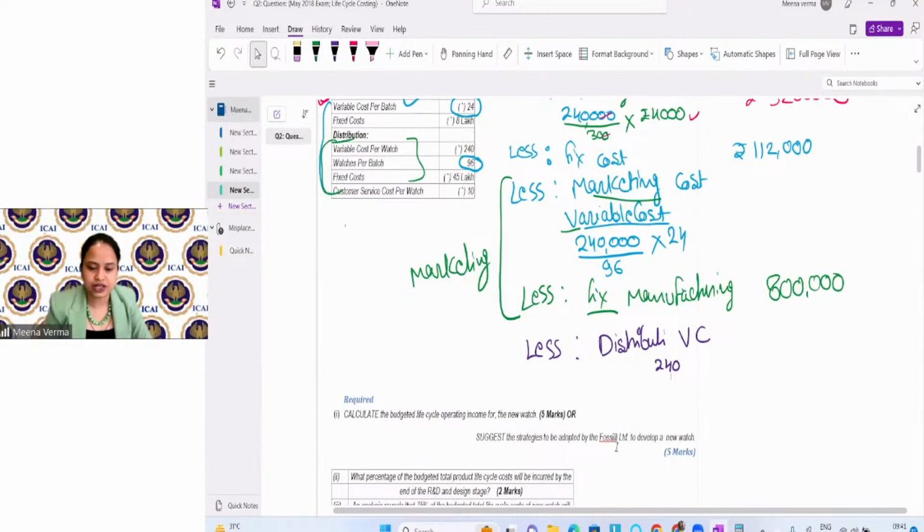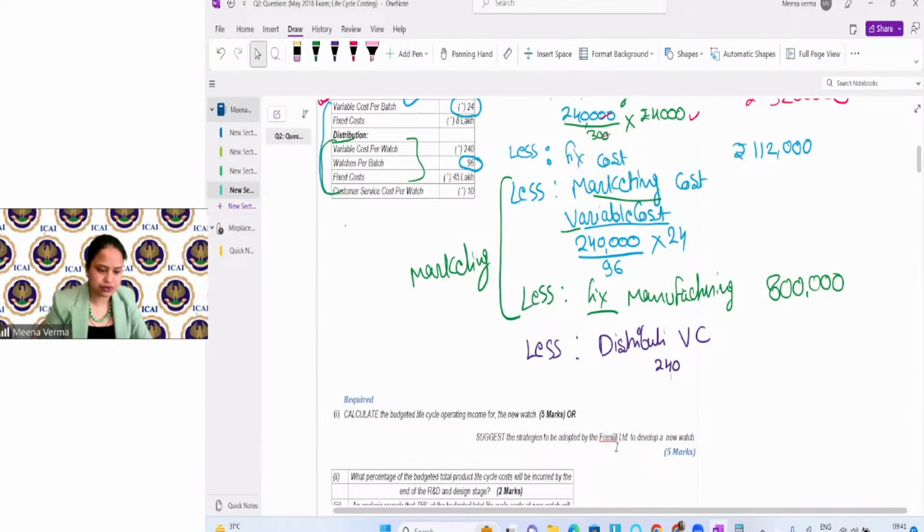So we have 80. This is the total cost we are incurring in research and development and designing stage, and the total cost is, this is the total cost, right? Find the percentage here. Okay, let me do one thing to make it simple. Okay, so we have 800 divided by 11656.